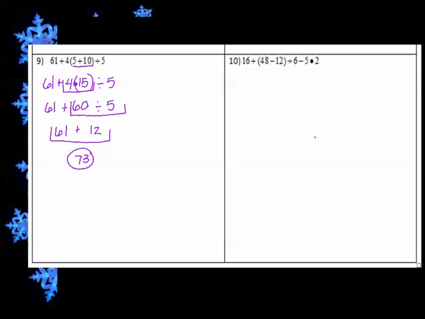Okay, and the answer to number 10 should have been 12. And if we go through that real quick, 48 minus 12 should have given you 36. If you want to, leave it in parentheses just to be safe.